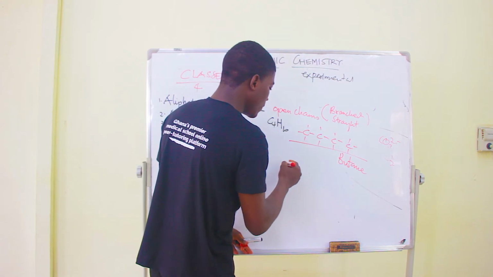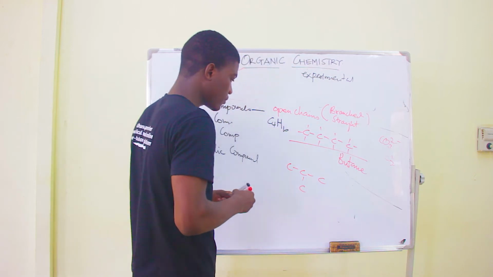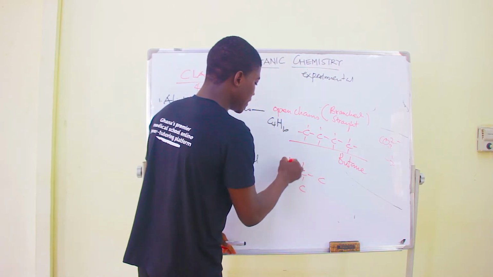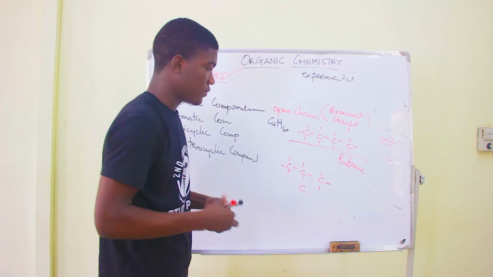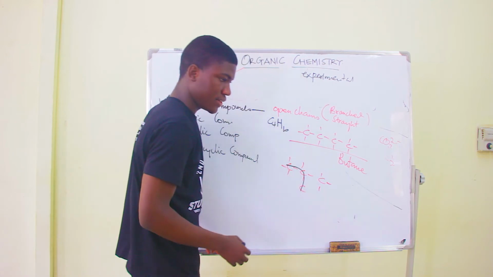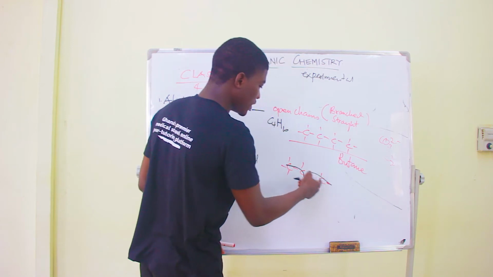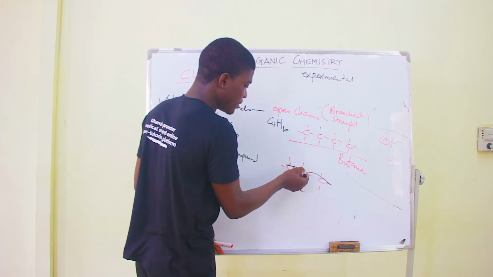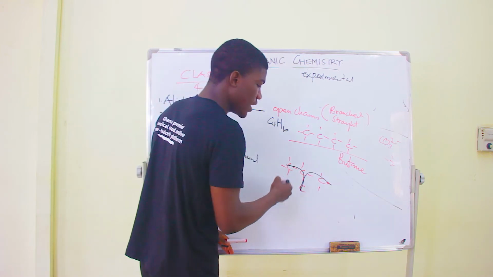We will learn the nomenclature of these compounds, but just for the intro, we have to go this way. And then we also have a compound like this. Now, this is an open chain compound. If you look here, you realize that there is a branching here, right? If you also go this way, you can also see that this actually becomes a branch. Now let's number.